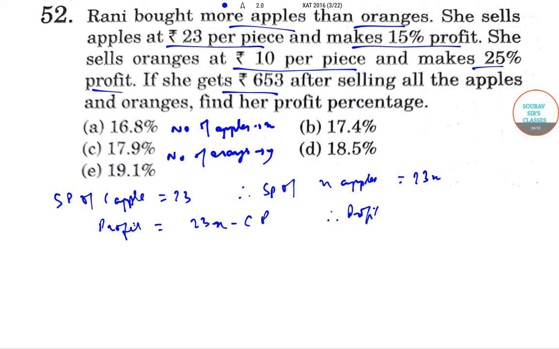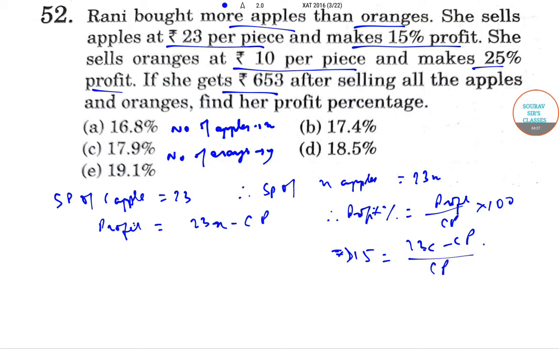Therefore profit percentage is equal to profit by CP into 100, and therefore 15 is equal to (23x minus CP) by CP into 100. From here, on solving this, we'll get CP is equal to 20x.